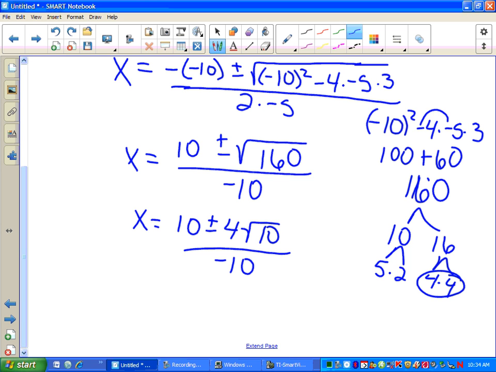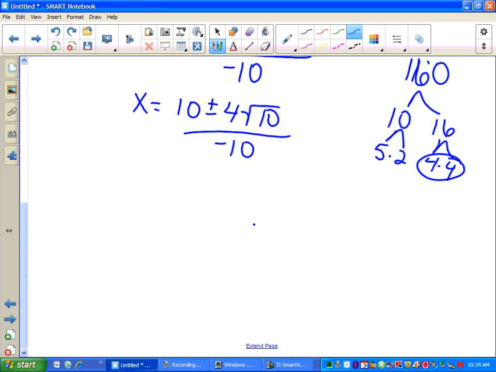Okay, so can we reduce this one? Actually, I think we did this one in class today. What does it reduce by? Well, it looks like a 2. So x equals 5 plus and minus 2 root 10 all over negative 5.